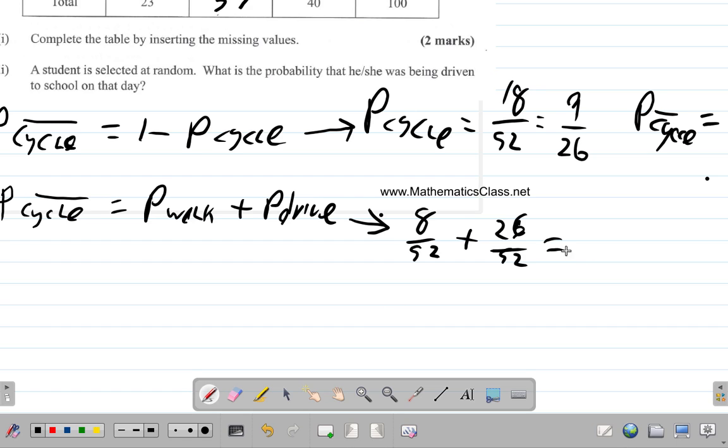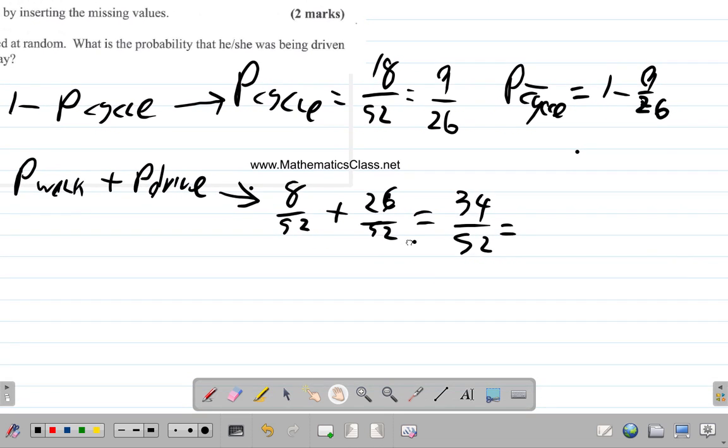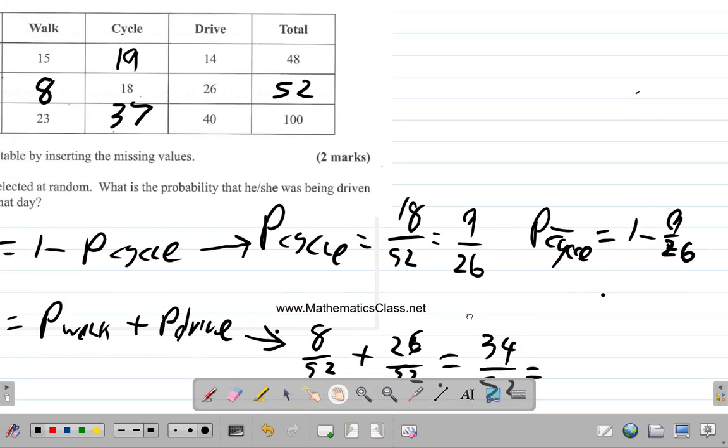This would have been 8 and 26. 8 and 26, 4, 26 and 4, 30, and then 34. 34 over 52.